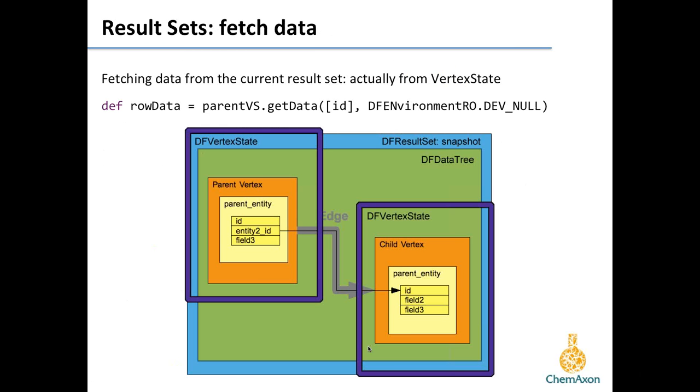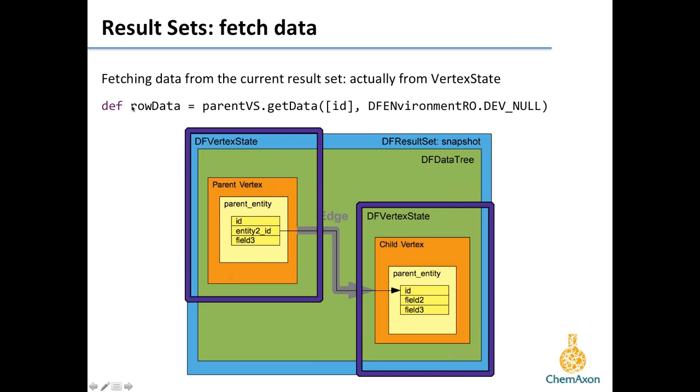Fetching data from within Instant JChem tables is a little bit more complicated. If you think back to our developer series when we talked about the DF result set and vertex states, hopefully you'll recall that the vertex state was effectively a snapshot of the current data. So when we want to pull data from an IJC table, we're going to effectively pull it from the vertex state itself.